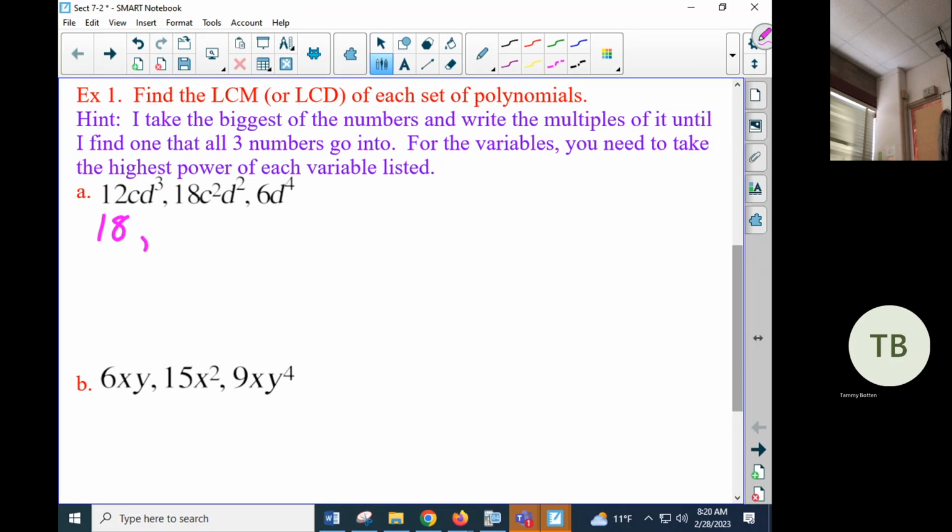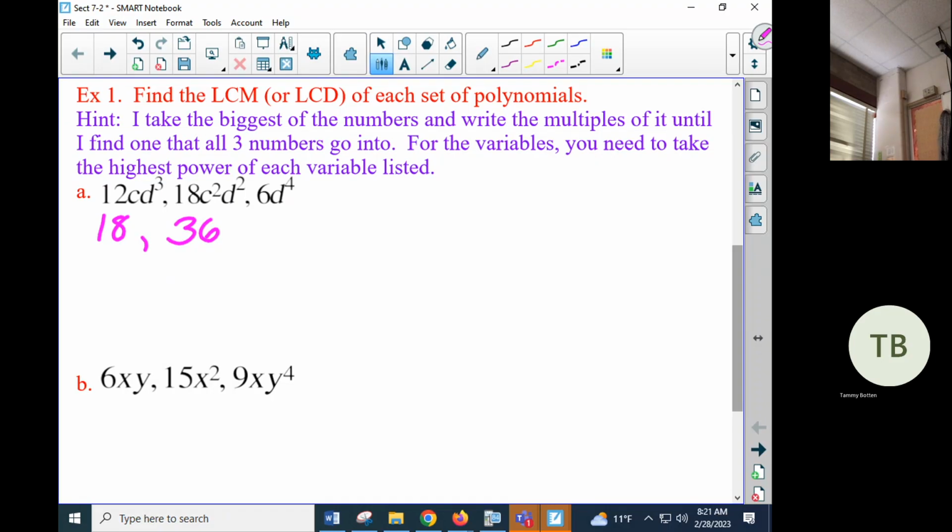Then I would multiply this by 2. And I would think, does 12 go into 36? And it does, right? It goes in there 3 times. 18 goes into 36, and 6 goes into 36.